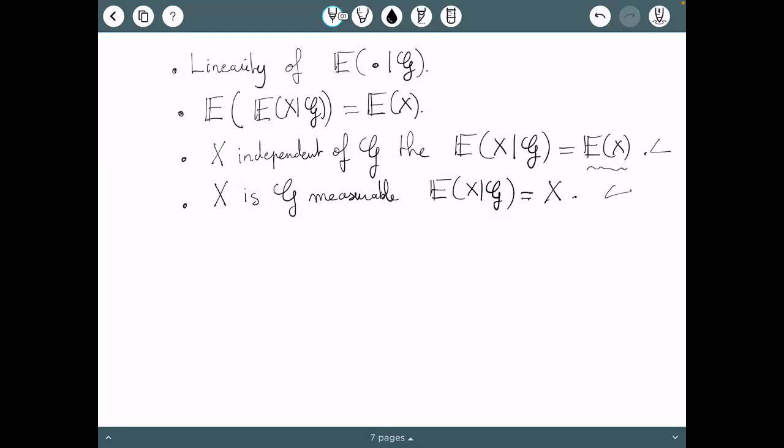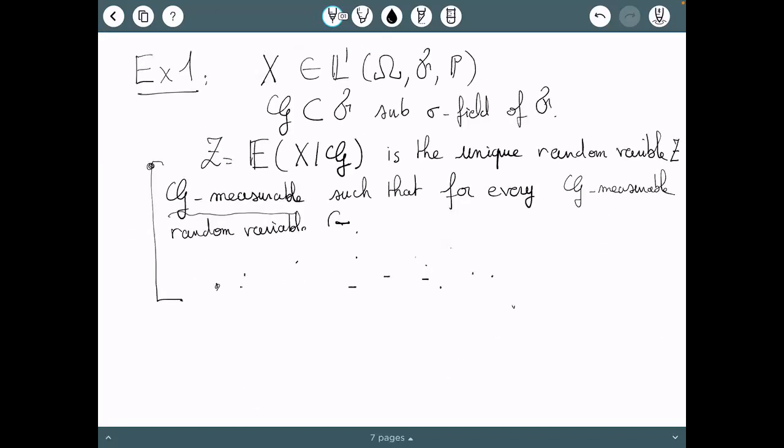And if x is independent of the sigma field G, when you come back to the definition, the expectation of x times the indicator of G is just the expectation of x times the expectation of the indicator of G. And so you can choose for Z the expectation of x.